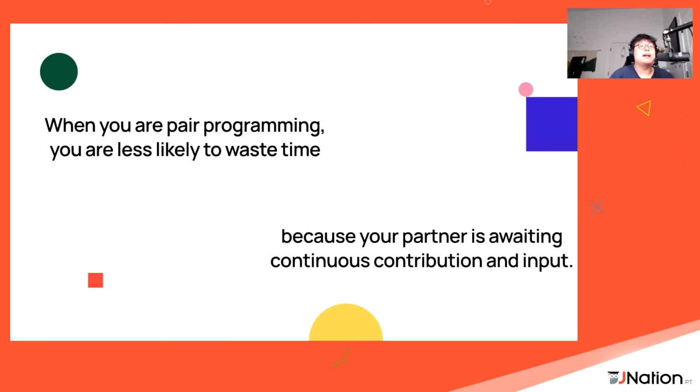And here's why. When someone's sitting there continuously providing feedback and input, you're probably not going to go on Instagram in front of them while they're waiting for you to do something, and check what Billy's eating today on their story. That's probably not going to happen. So even having someone there improves your productivity when you're pair programming.